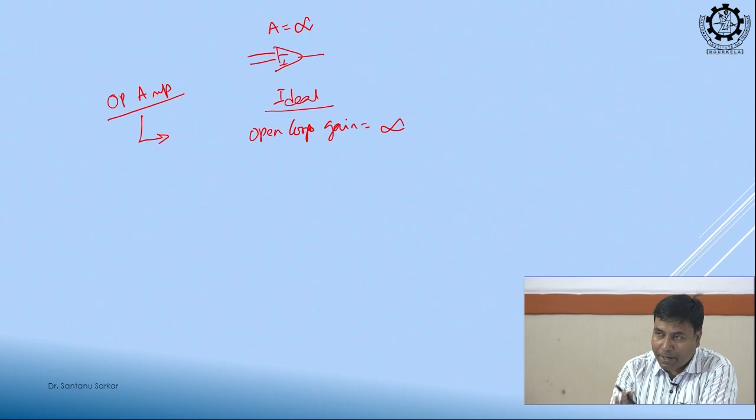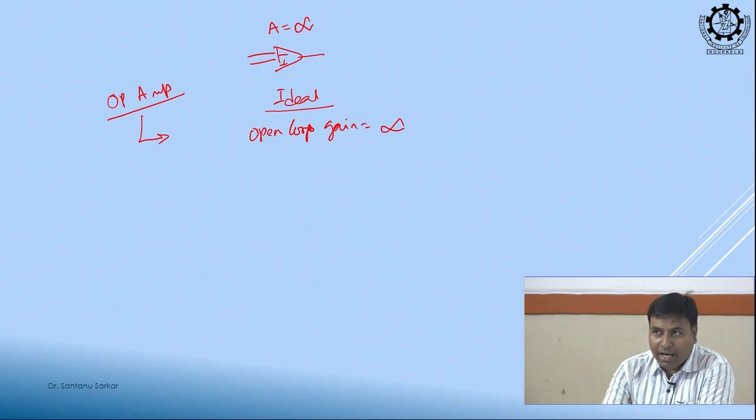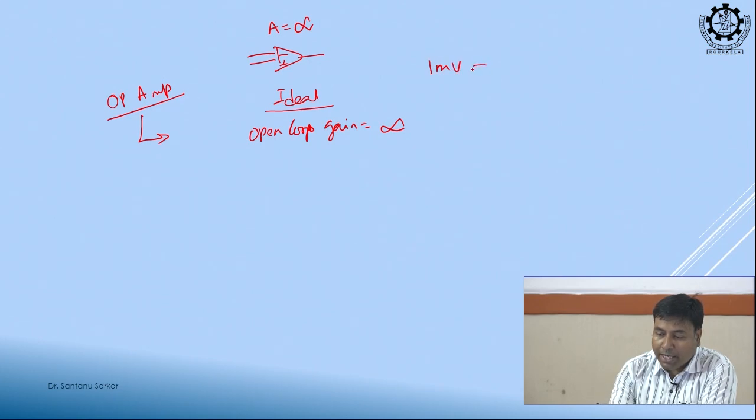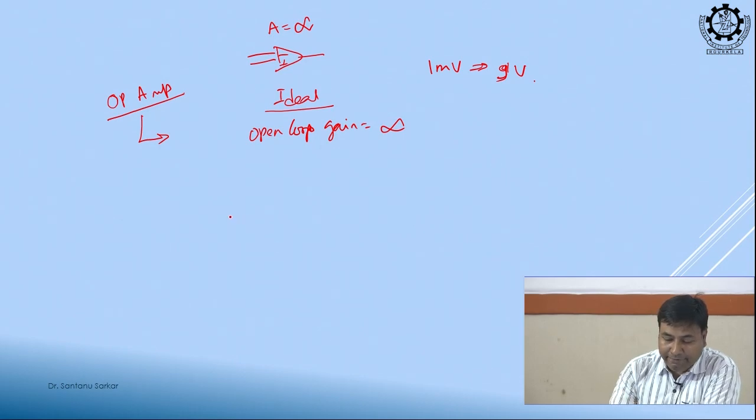I give you an op amp as it is, just a positive input terminal, a negative input terminal, an output, and a power supply. Suppose I give you 1 millivolt and ask you to make it, say, 9 volts. Can you do that with this op amp? What will happen? I give, say, a sine wave.